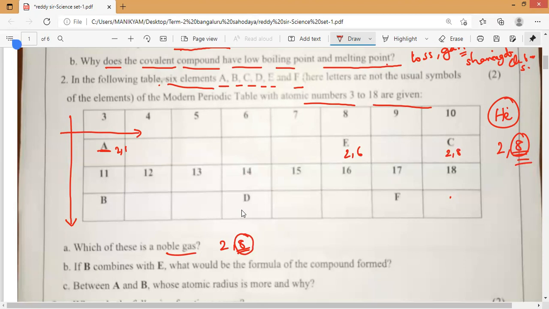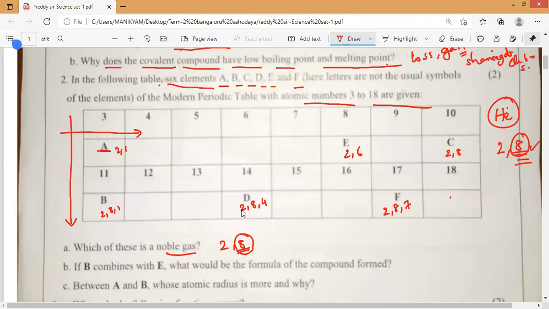C, next 11, what will come? 2, 8, 1. Next 14, 2, 8, what will come? 4. Yes or no? F, 2, 8, 7. So now who has 8 electrons in its valency shell?